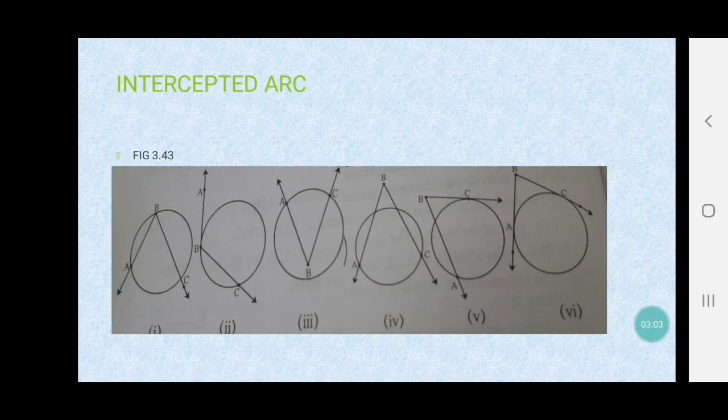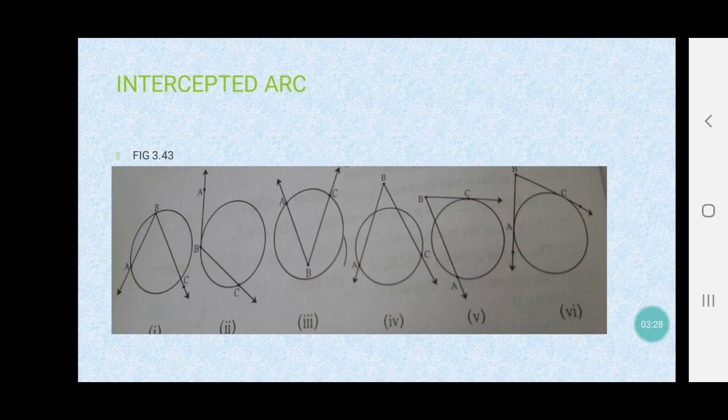The next one is also intercepting 2 arcs. One is this one and the other one is formed at the other point where the angle is intersecting. Now in this figure you will see that BC is touching the circle and BA is intersecting the circle.